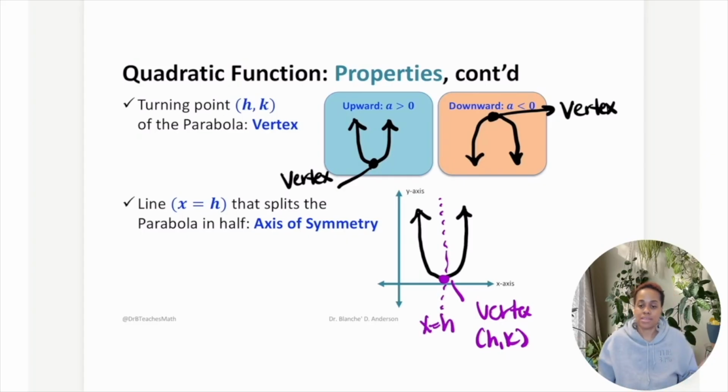And you're like, well, why is it x equals? Remember, even though the x-axis lays this way, your tick marks go that way. So the x values are always going to be these vertical lines, and your y values are this way, which are your horizontal lines. So that's why it's the line x equals h.